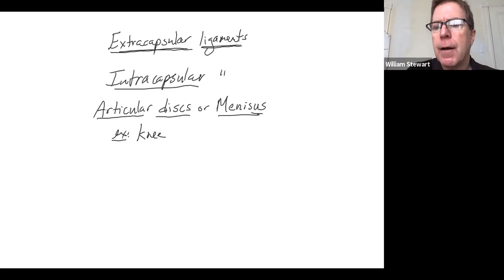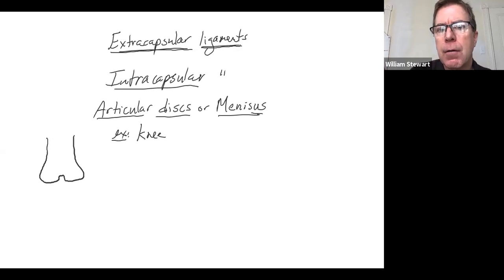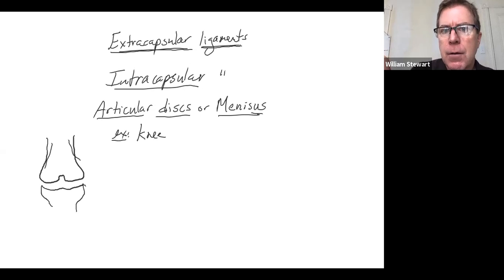Really quickly, in a knee joint, there are the femoral condyles that come down the distal part of the femur and the proximal end of the tibia. So these are the femoral condyles that I've drawn up here, and these are the tibial condyles where they meet. There's a pad of fibrocartilage in here called the knee meniscus.